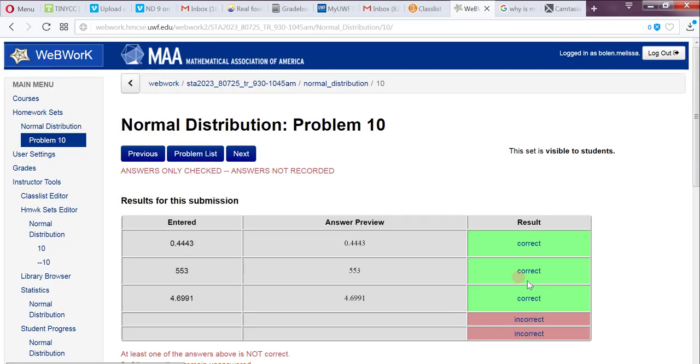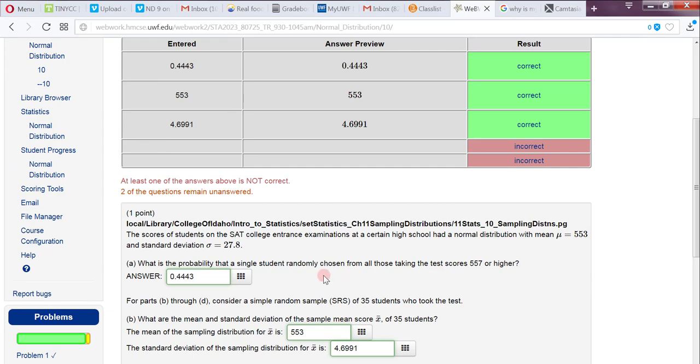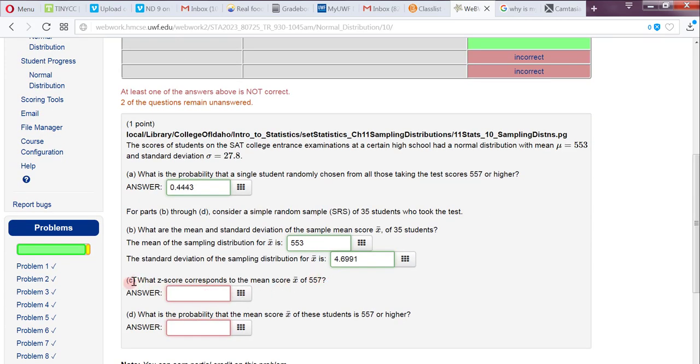So now part C says, what z-score corresponds to the mean of X bar equal to 557? So we've changed the question. Before, we wanted to know the probability of a single student being randomly selected and that single student's score being 557. What we're asking down here is a completely different question.